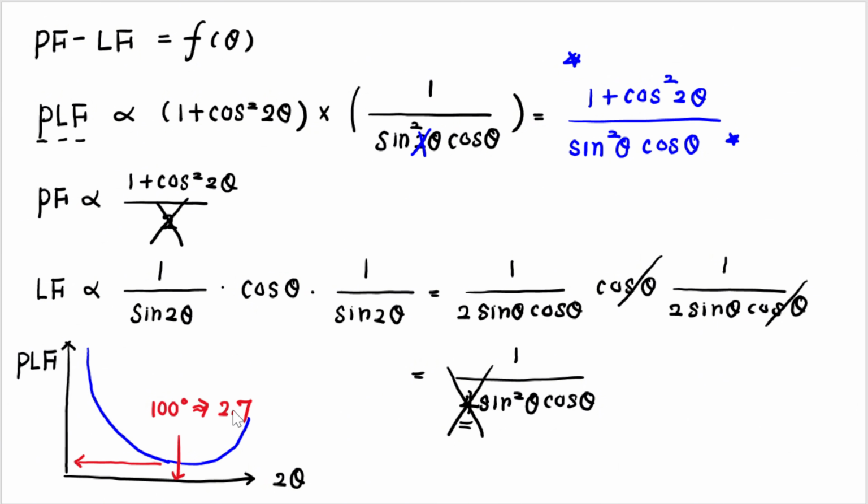So the lowest value of the polarization Lorentz factor is achieved at approximately 100 degrees, and a fairly high value near 0 or 180.